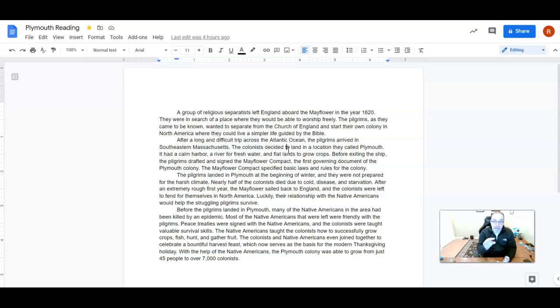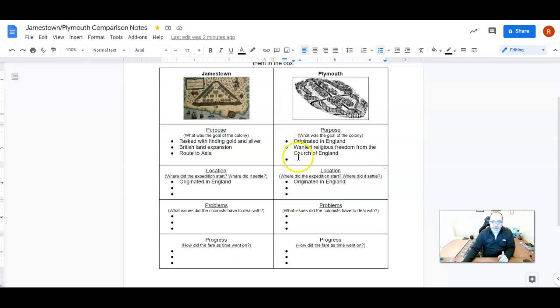All right, so we got a lot in those two paragraphs. In your groups, let's take 10 minutes, and I want you to go through these two paragraphs and pull out the good stuff. Remember, just like we did with Jamestown, we've got our purpose, more on location, some on the problems.